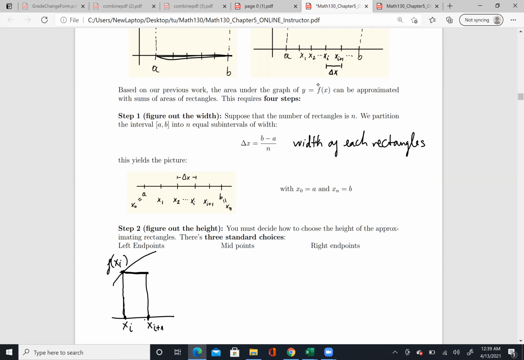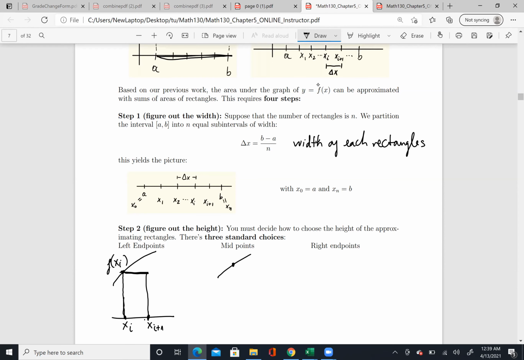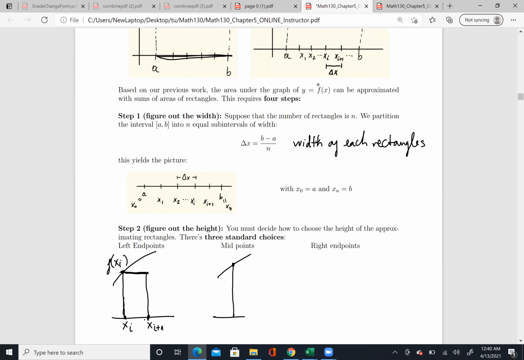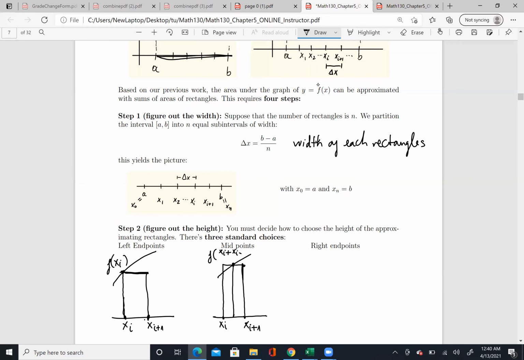If I use the midpoint, say xi here and xi plus 1 here, the midpoint will give the height of the rectangle, and the height is going to be f of the quantity xi plus xi plus 1, divided by 2.